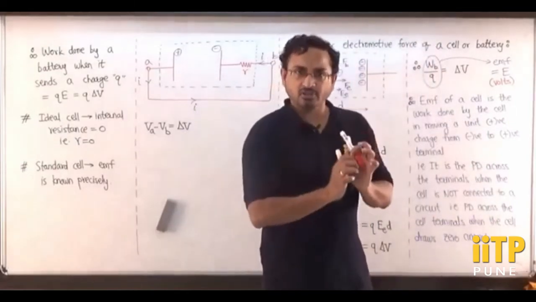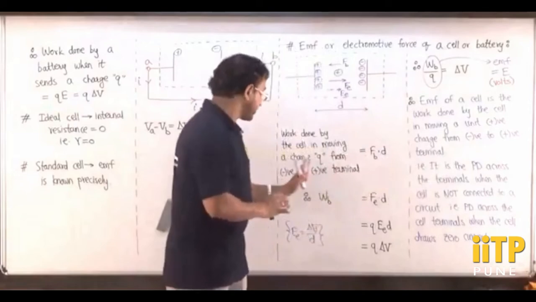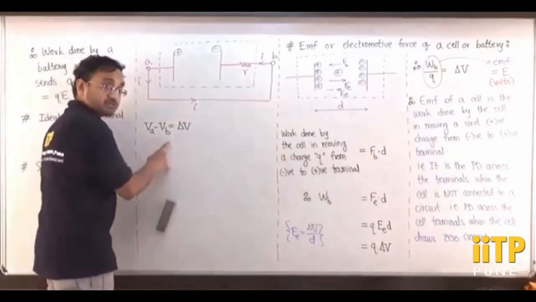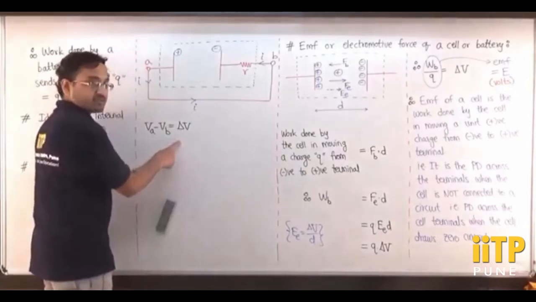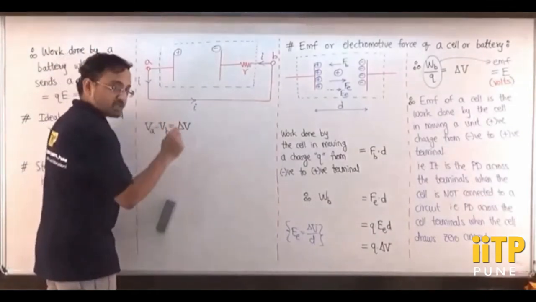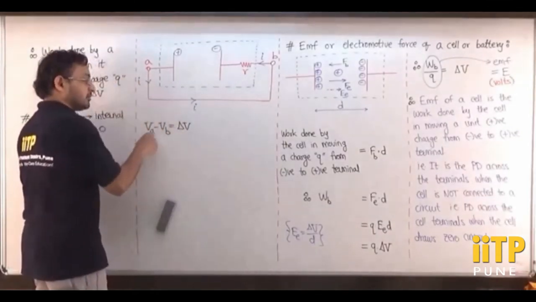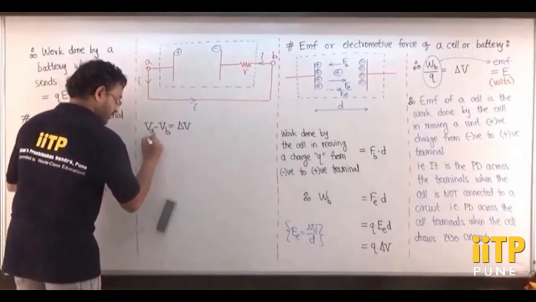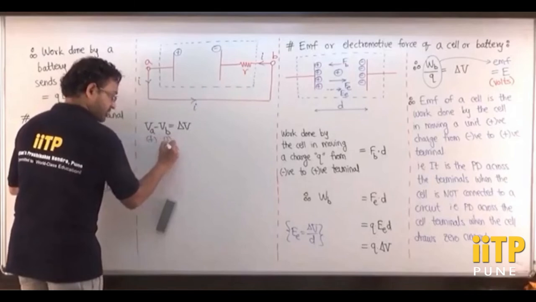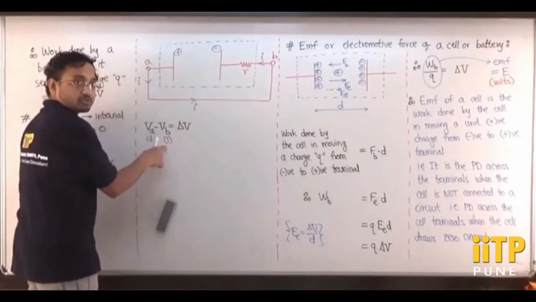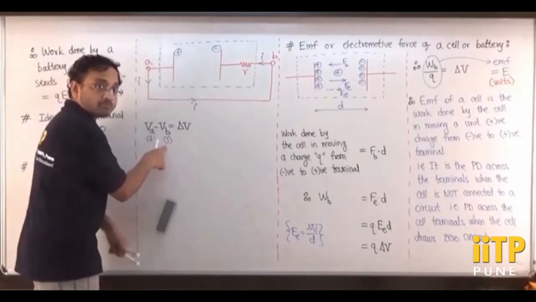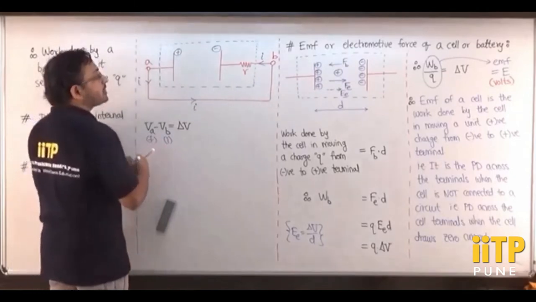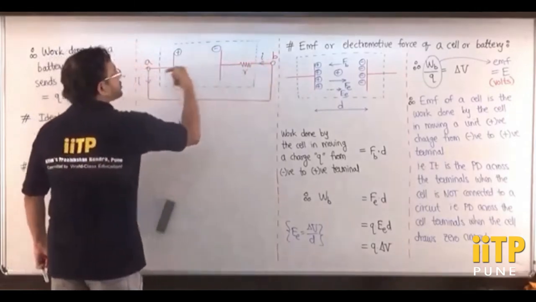Delta V is always understood in this context as change, which is always final minus initial. If this is final minus initial, that means your initial location is B, so you are going from B to A.